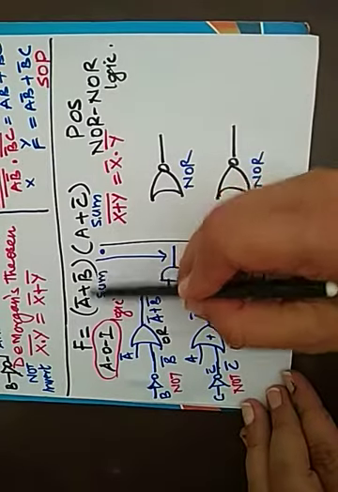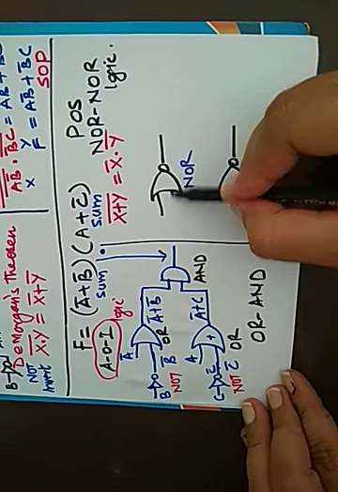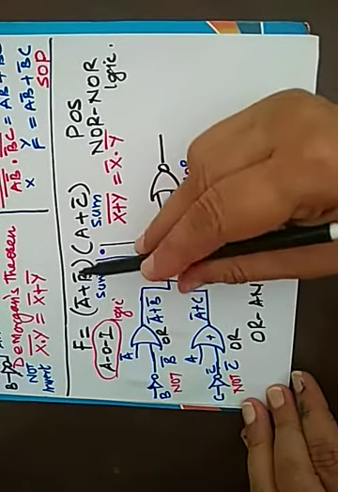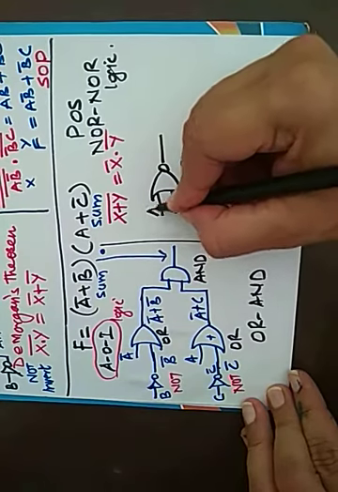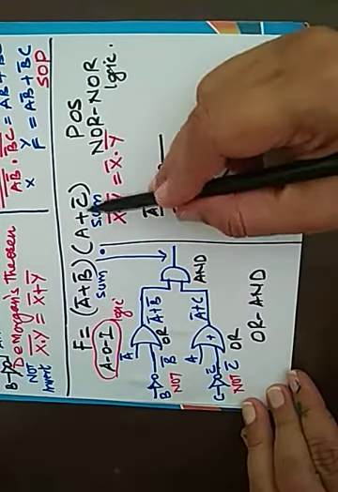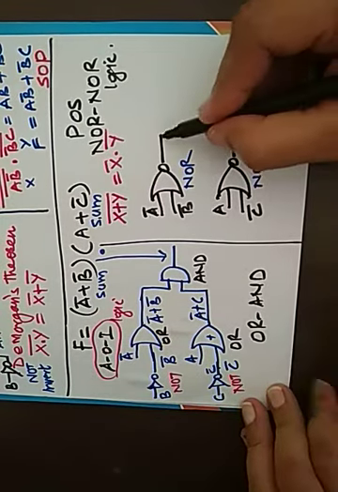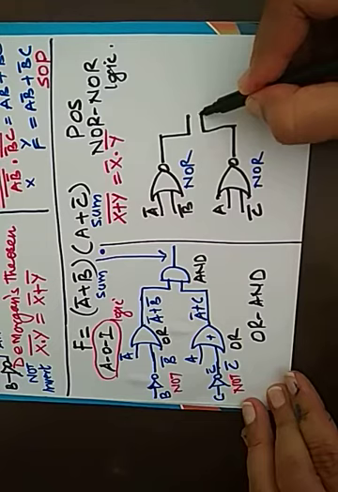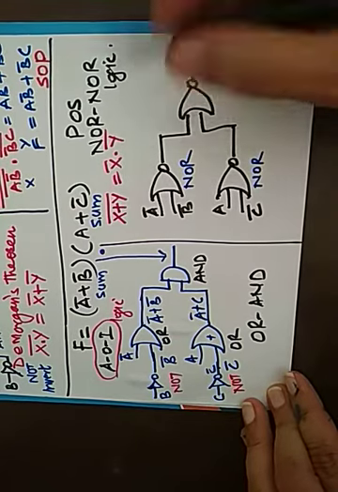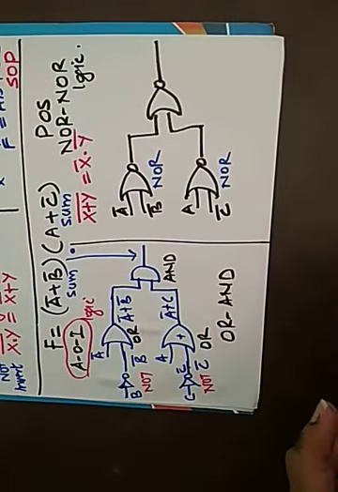This term has two variables, A and B, and this also has two, so these are two input NOR gates. A bar plus B bar, so this is A bar, B bar. This is A plus C bar, A, C bar, followed by another NOR gate, which will give the final answer that the circuit is being designed for.